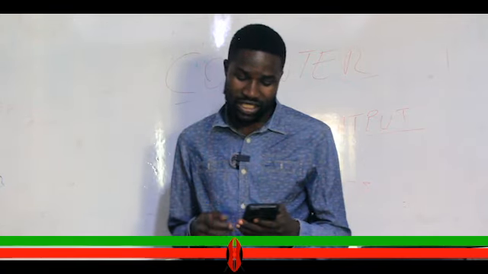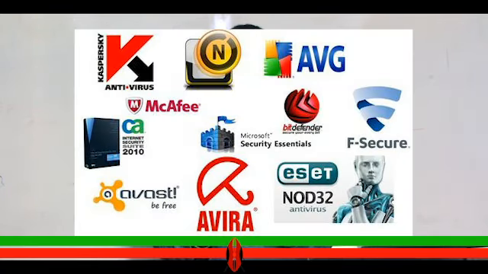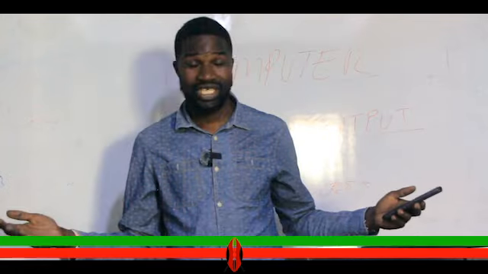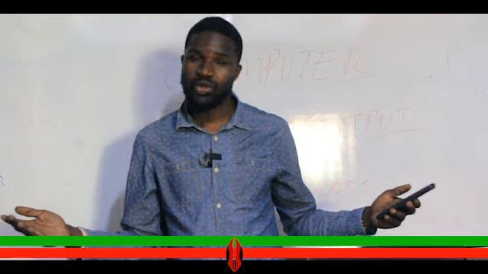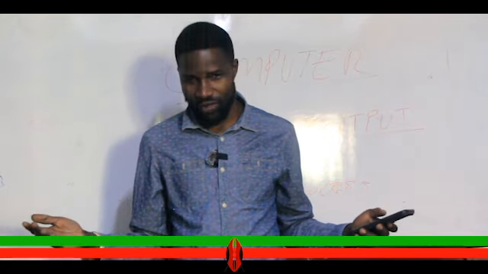Then we have utility software for maintaining the system: antivirus, disk cleanup, malwares, firewalls. Basically, they are for security. For the security of your laptop, you need a utility software.